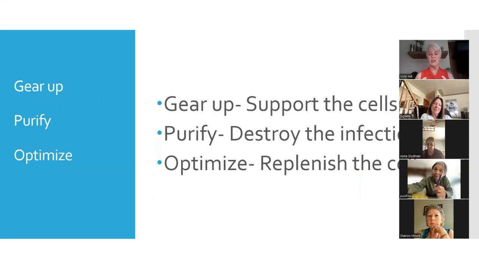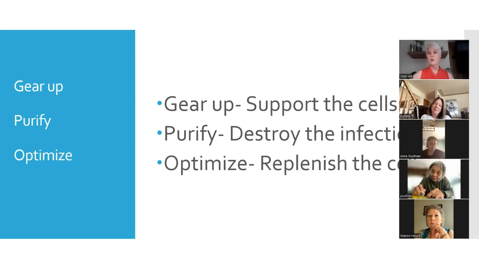They don't have the energy to heal. The mitochondria in the cell are just exhausted. So first we have to prepare the body to be able to handle it when you kill the infections. So the first month we gear up and we support the cells, we support the systems of the body.